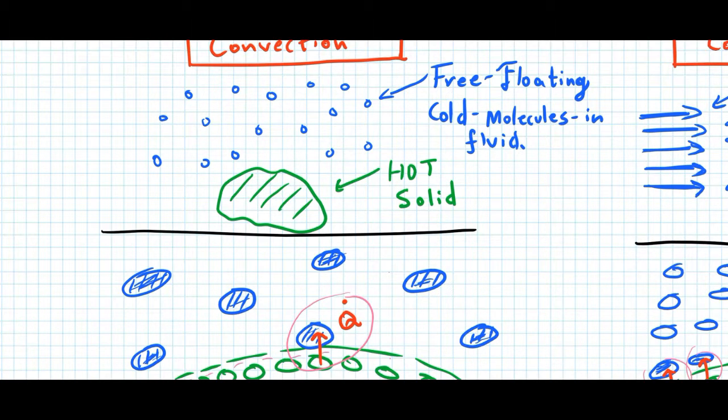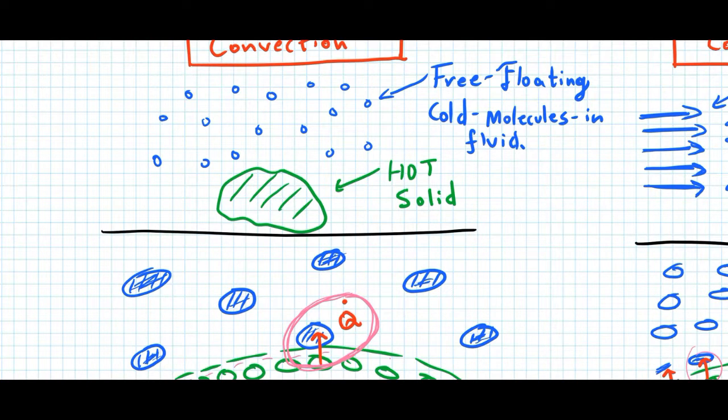So they're all governed by turbulent flow. At some point in time, one of these blue molecules is bound to come in contact with the hot green surface, and as a result transfer heat for whatever time those two objects are in contact with each other.